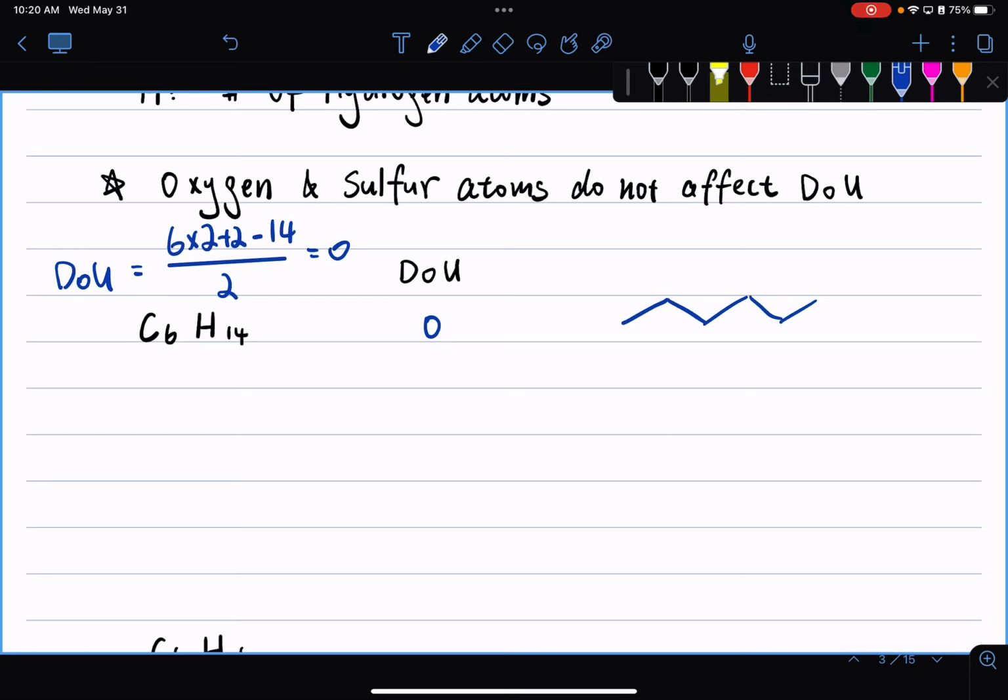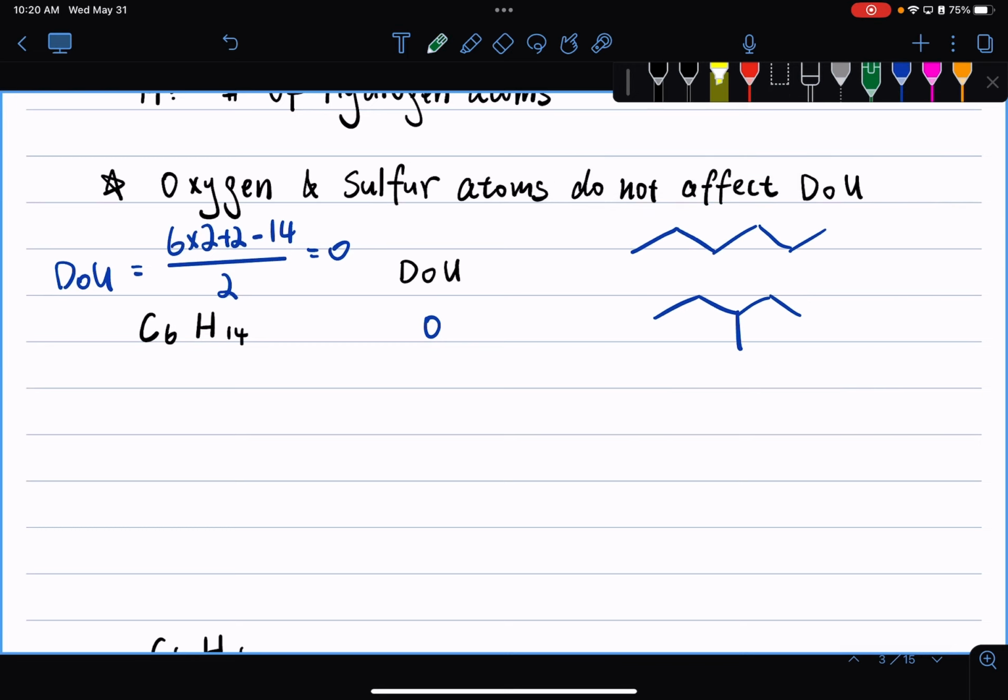So the linear molecule is correct. You can also have 1, 2, 3, 4, 5, 6. You can also have a branched molecule. As long as you do not have a ring or a double bond in this drawing, it will have the correct degree of unsaturation. All right, so this is one way we can ask you a question.